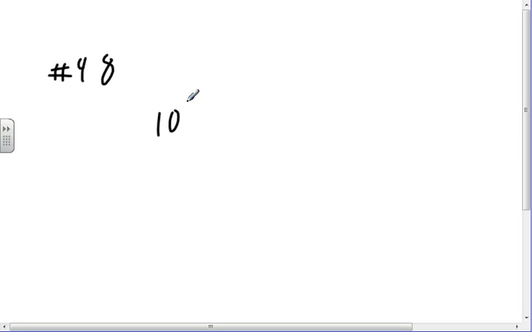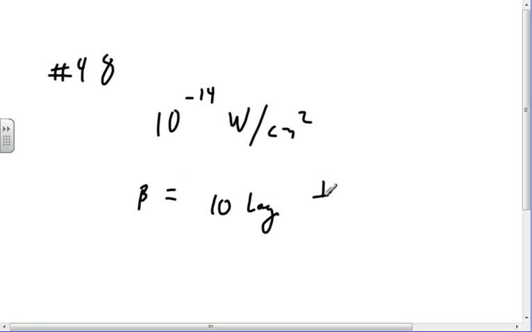We have 10 to the minus 14 watts per centimeter squared, and we want to calculate how many decibels I have. And we find that the number of decibels I have is 10 log intensity divided by intensity naught.